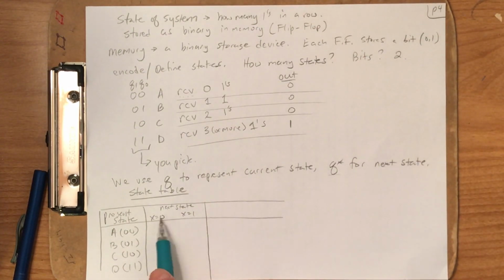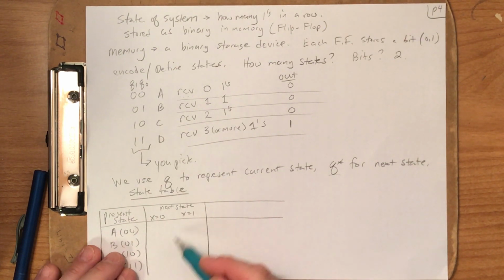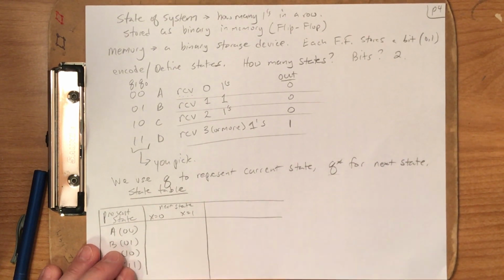You can also put x equals 0 over here and x equals 1 over here, and it doubles the length of your table. Here I'm splitting the next state into 2 different columns, and we'll see examples of that as well.